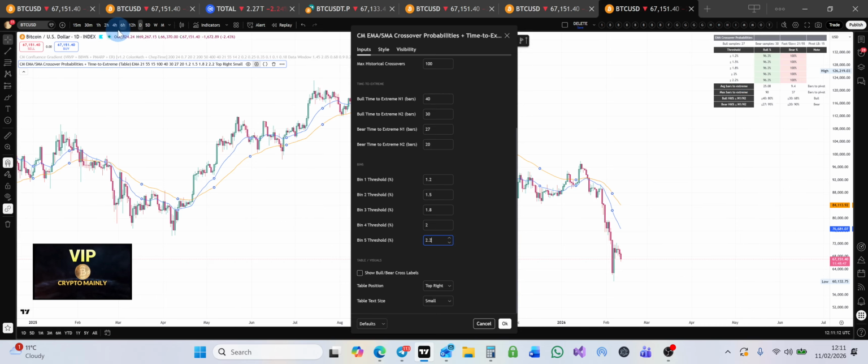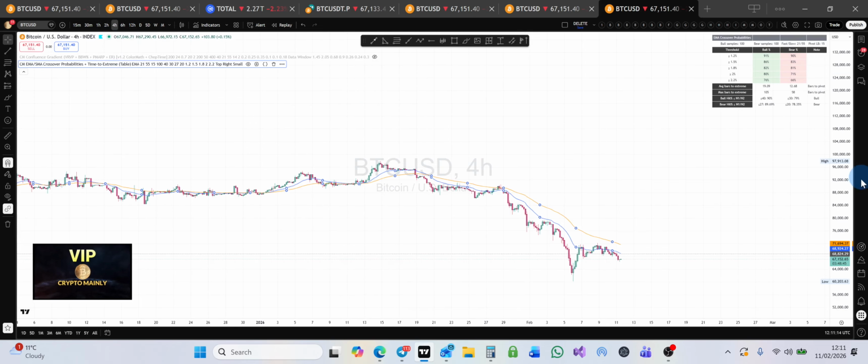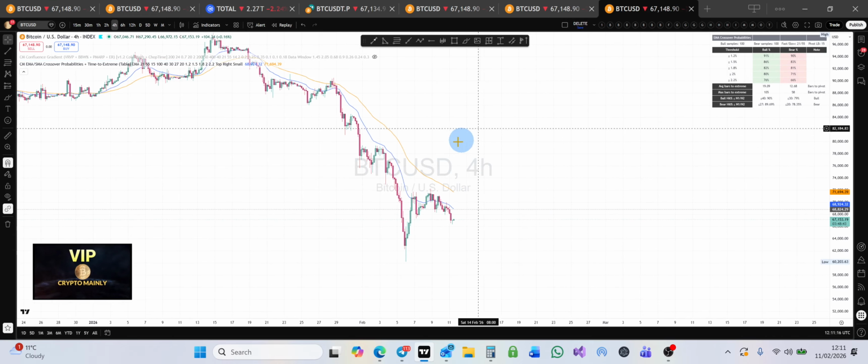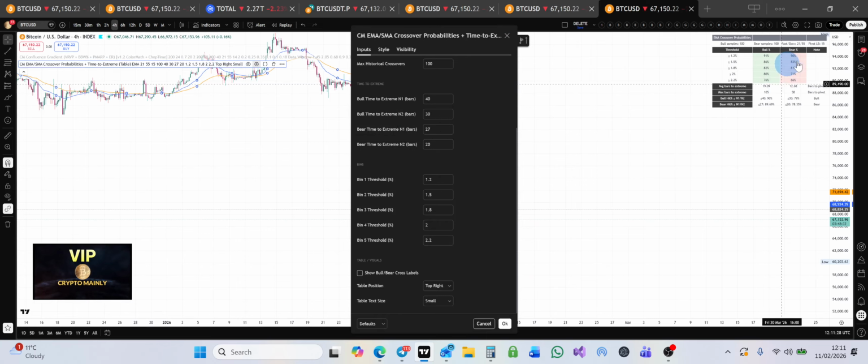But if you go on a lower time frame, so the 4 hour, it will give you the average probability of actually reaching that. So there's a 76% chance that you get to 2.2% on a bullish cross.